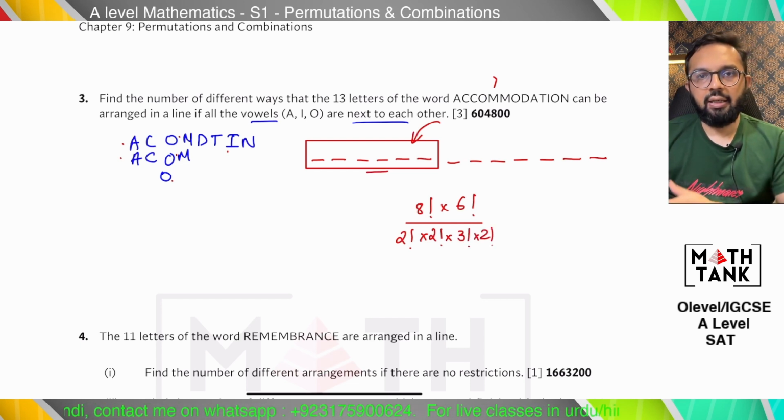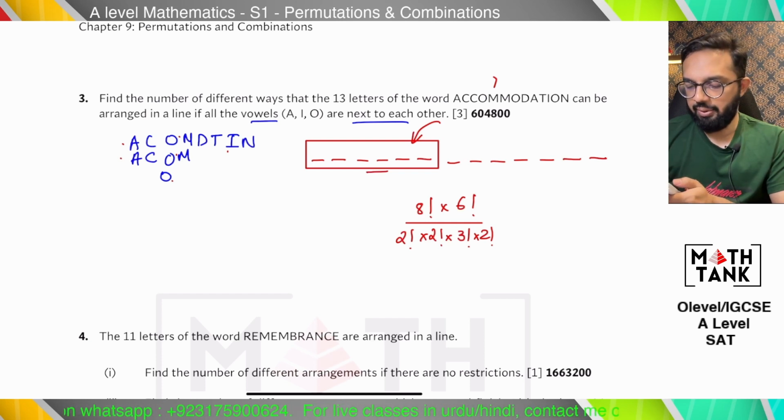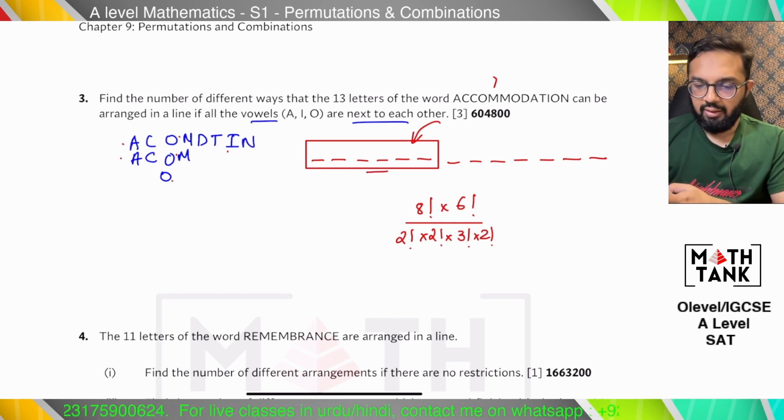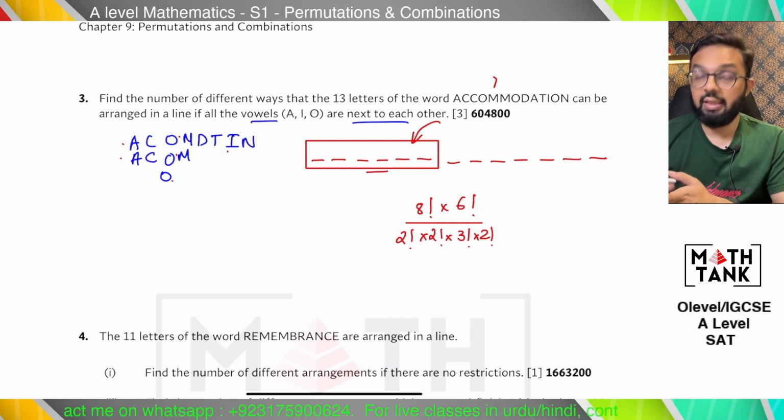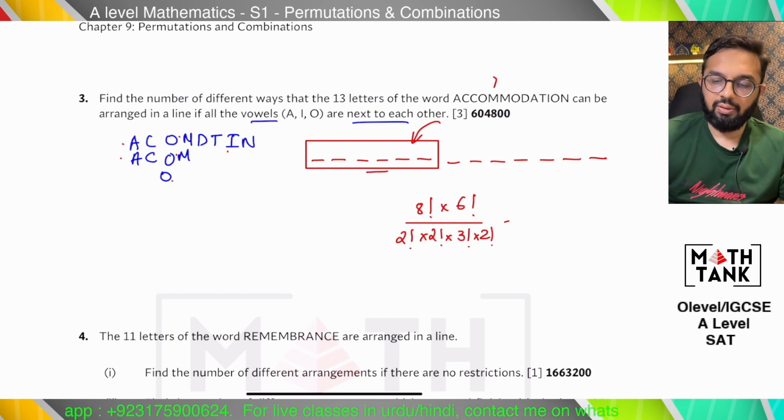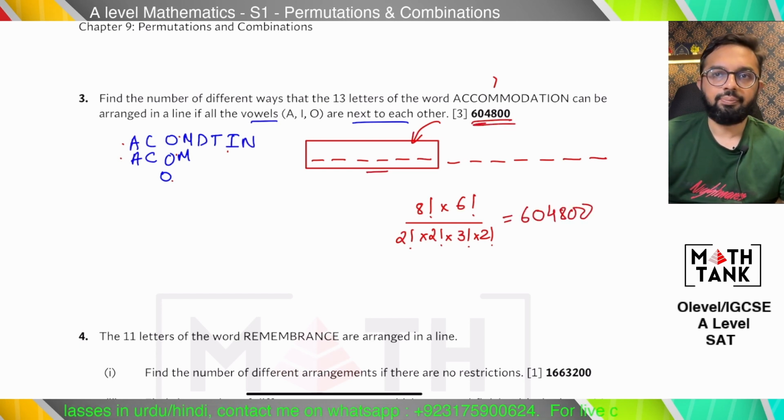All of these are identical, so they get divided by the number of identical elements. 8 into 6 factorial gives me a very big answer. So 8 factorial times 6 factorial, divided by those, gives 604800. Yes, that is my answer, and that's written here as well.